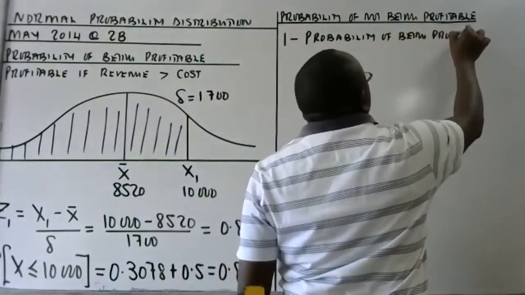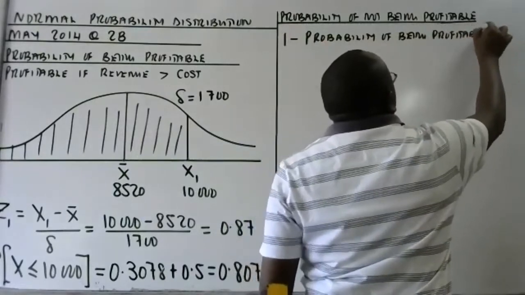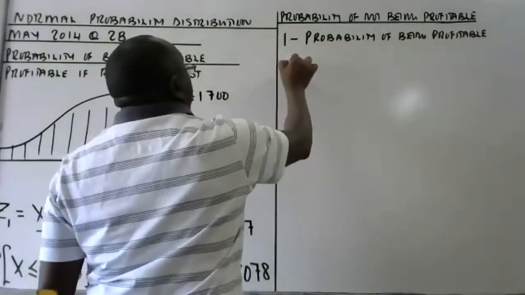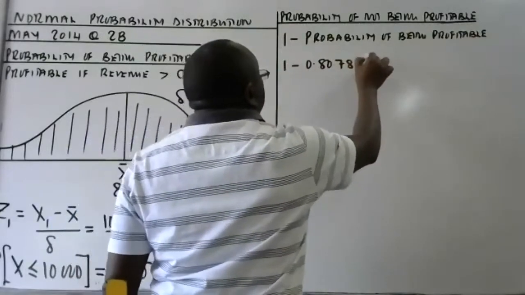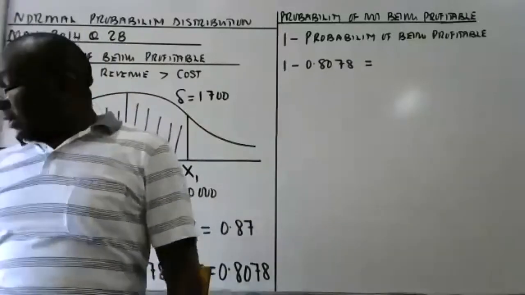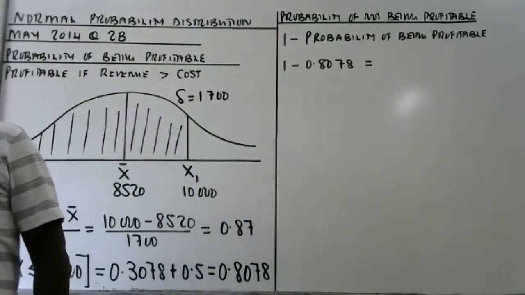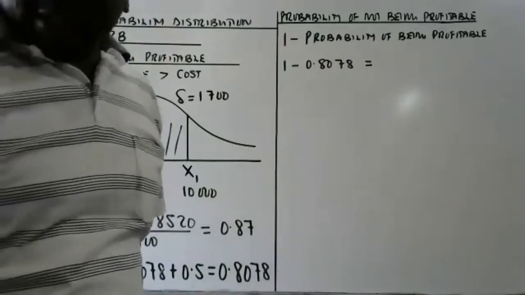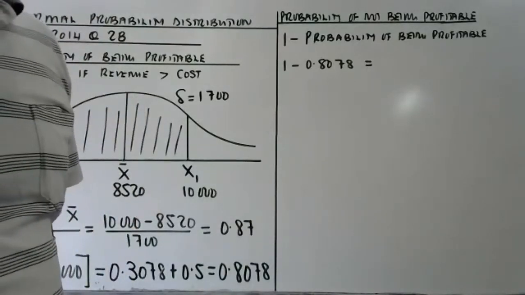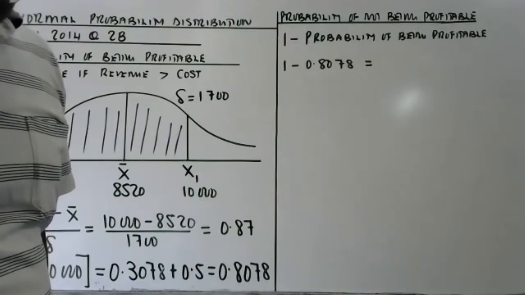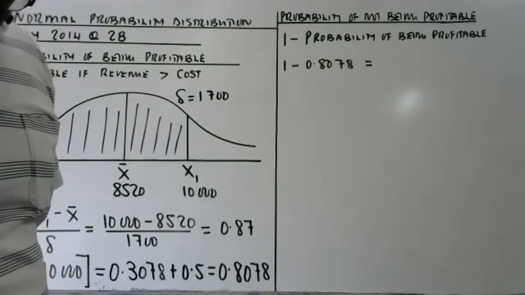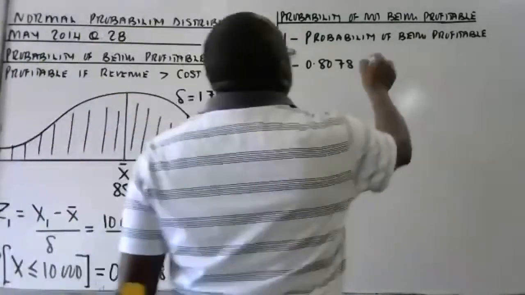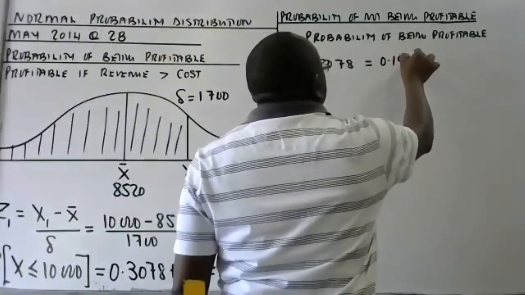Therefore, this will be 1 minus 0.8078. If you take your calculator, it will help you to see that 1 minus 0.8078 is 0.1922.